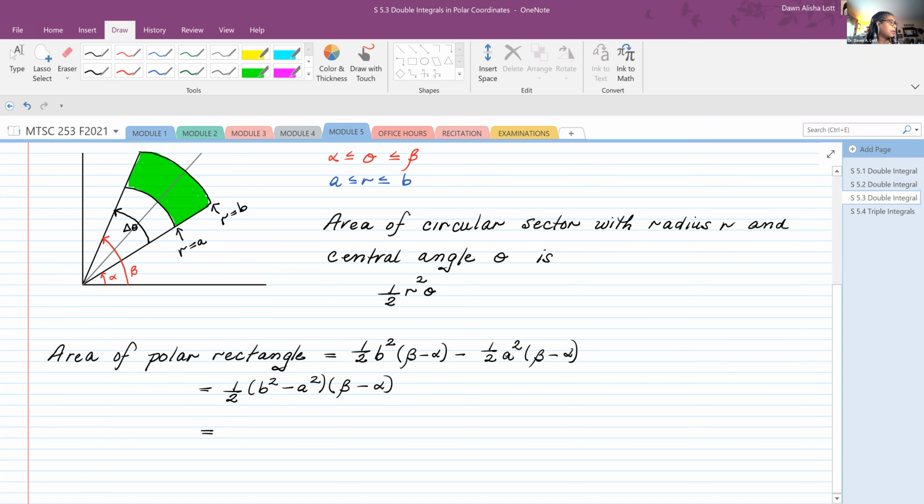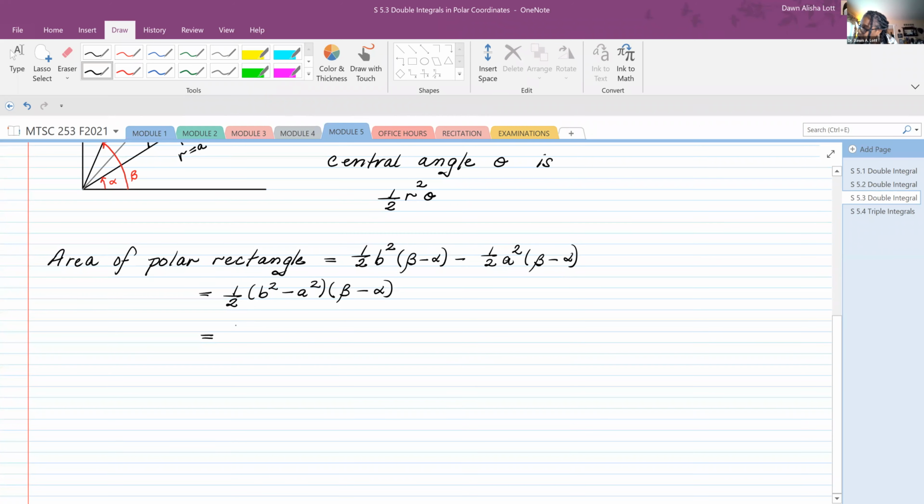But that turns out to be 1/2 a plus b times b minus a times beta minus alpha.